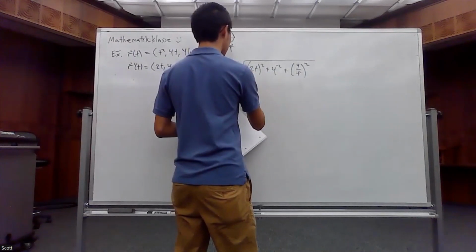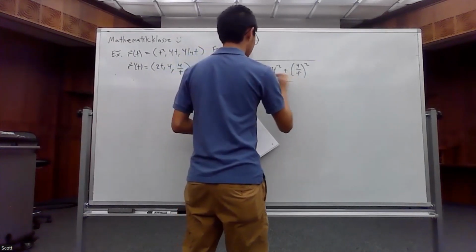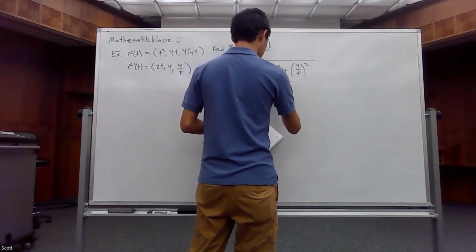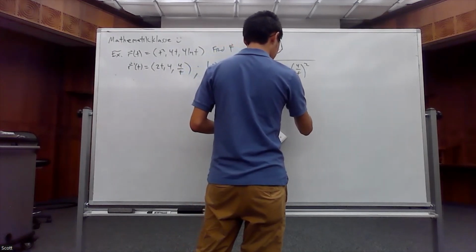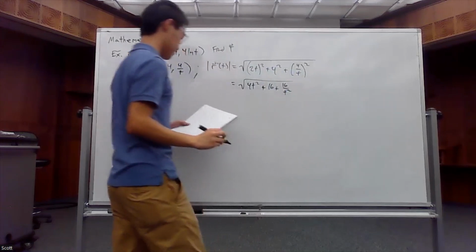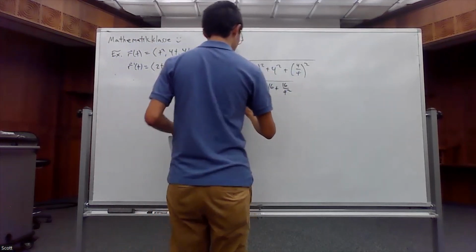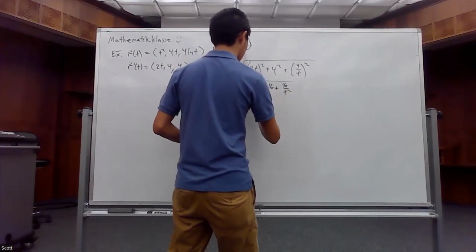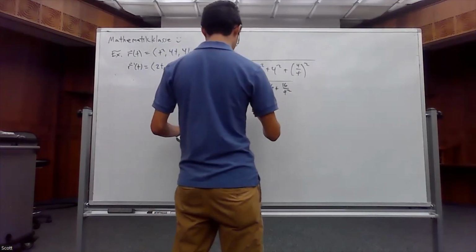And then we can simplify this. It's the square root of 4t squared plus 16 plus 16 over t squared, which you should recognize pretty straightforwardly. This is just a square of a binomial, right?